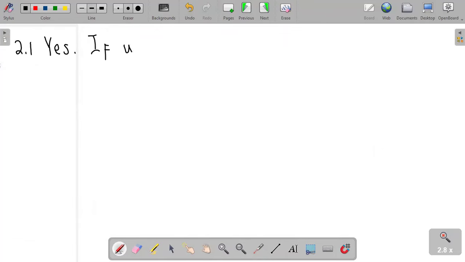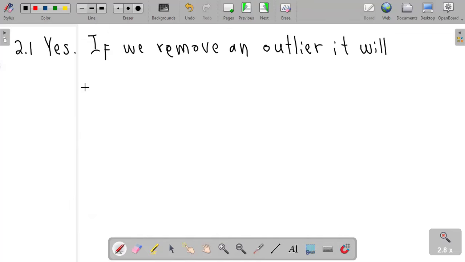So if we remove an outlier, it will improve the overall correlation.